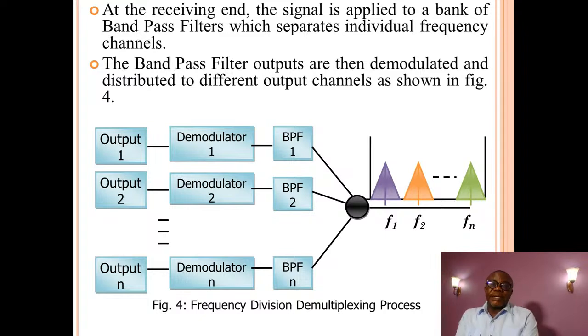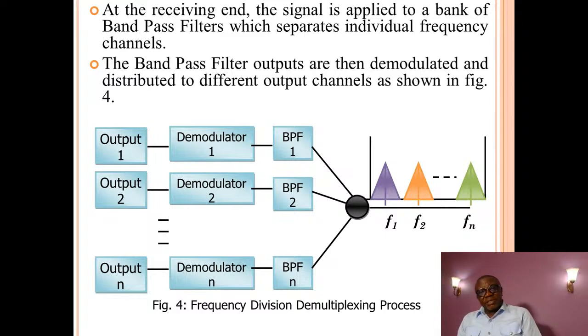Now, it is important for us to note here, in our previous lectures, we talked about low-pass filtering. A low-pass filter passes only signals up to a certain point, and any frequency above that will not pass. But now we are talking of band pass filters. It doesn't start from 0 to pass.